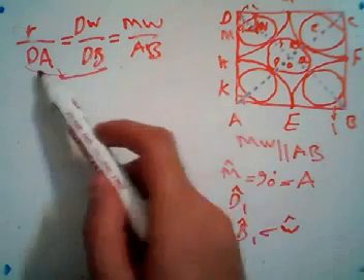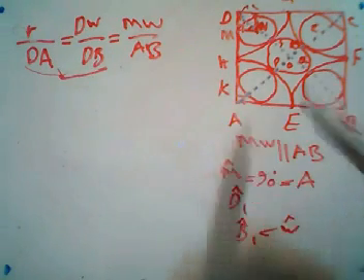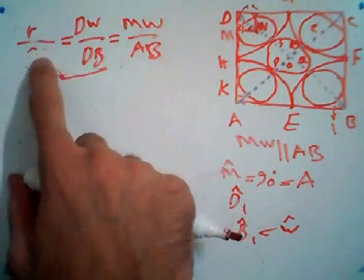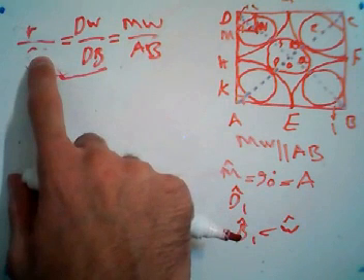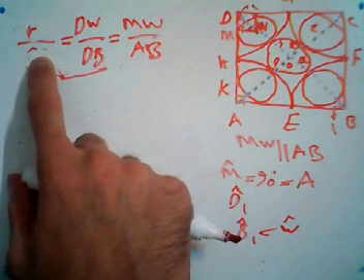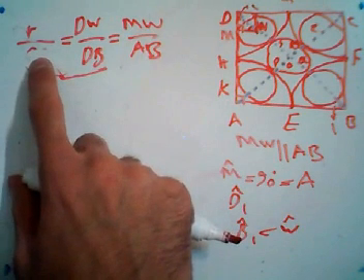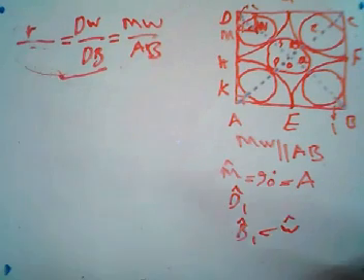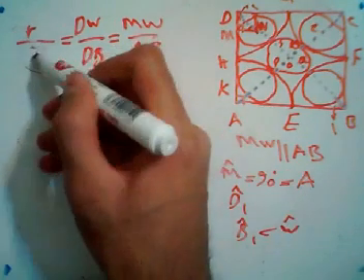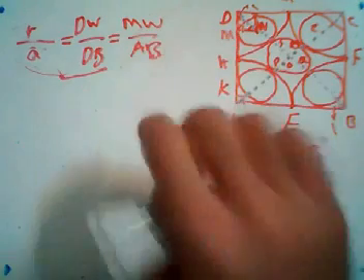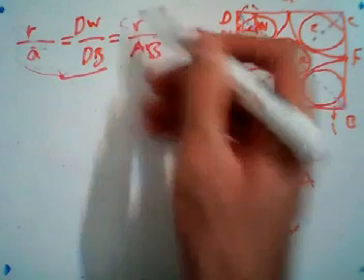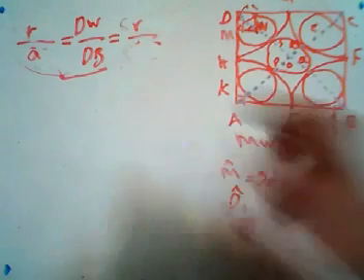And let's show the sides of the square by A. Okay, this is A, this is R, and this is A.